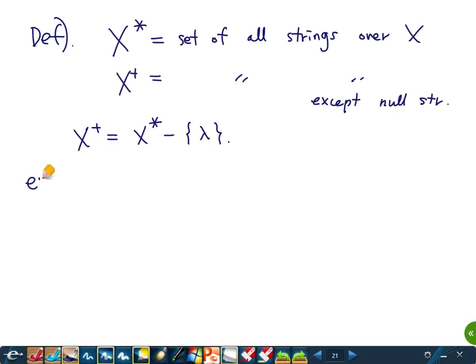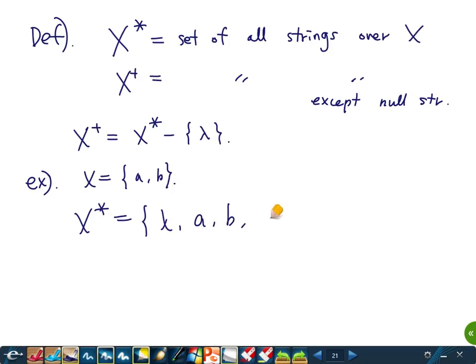So example, X equals, say, A comma B. Then what is X star? There are infinitely many. We cannot list them all, but it has lambda, the null string, A, B, AB, BA, AA, BB, and so on. By the way, AB and BA are different, of course.